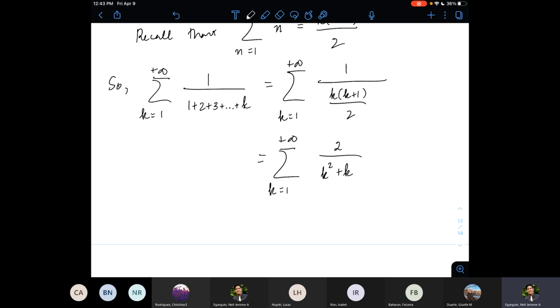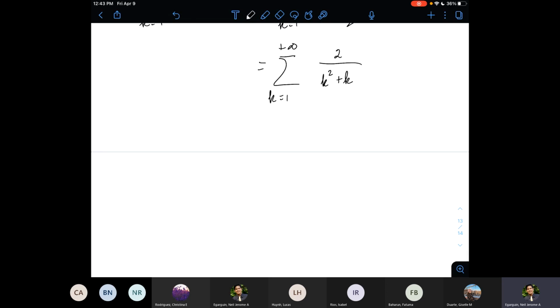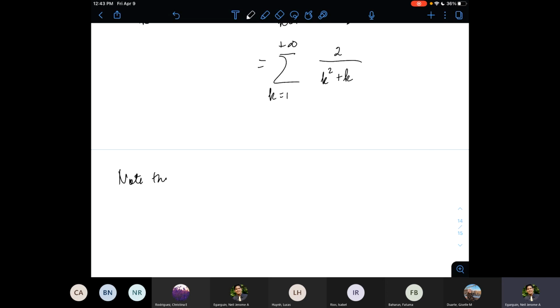So actually, you can also try the limit comparison test. Maybe I'll do the limit comparison test. Note that the given series behaves like what?